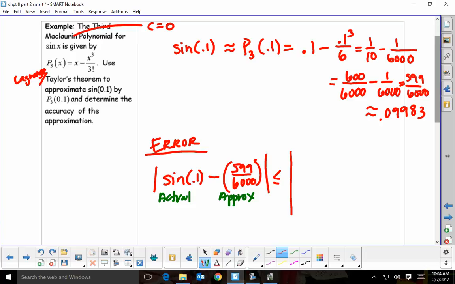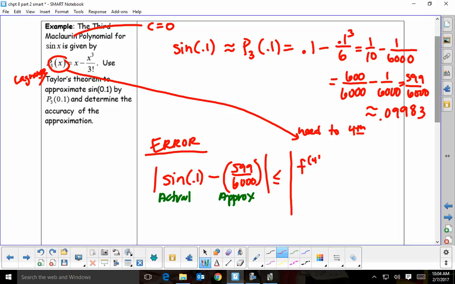This is where we went out to the third, right? So we need to go to the fourth. Agreed? Because we stopped at the third. So we go to the next one. So I'm going to do f of the, so the what derivative?